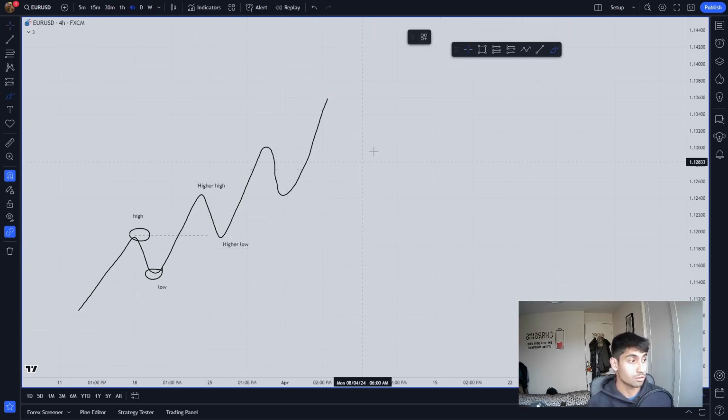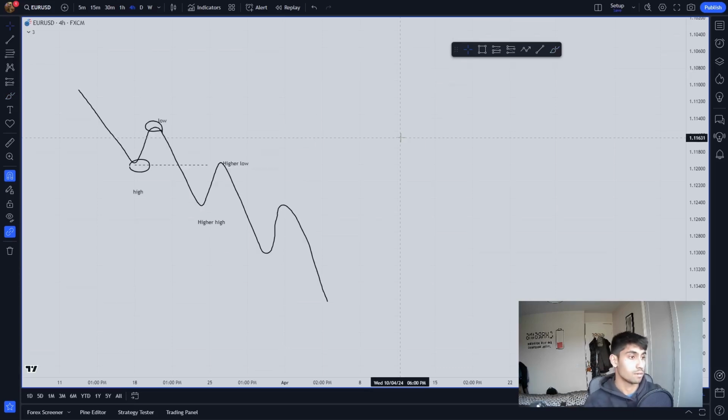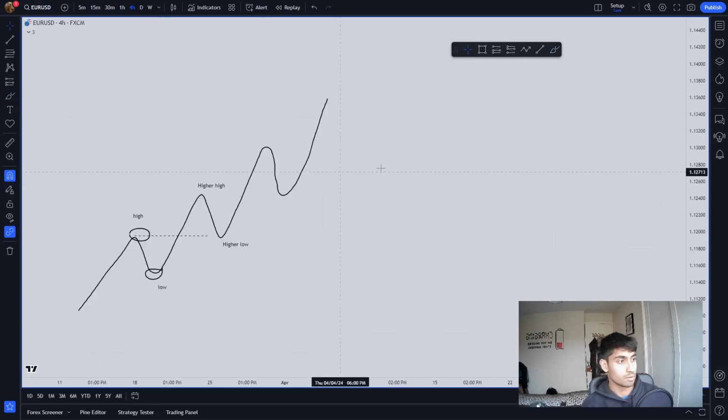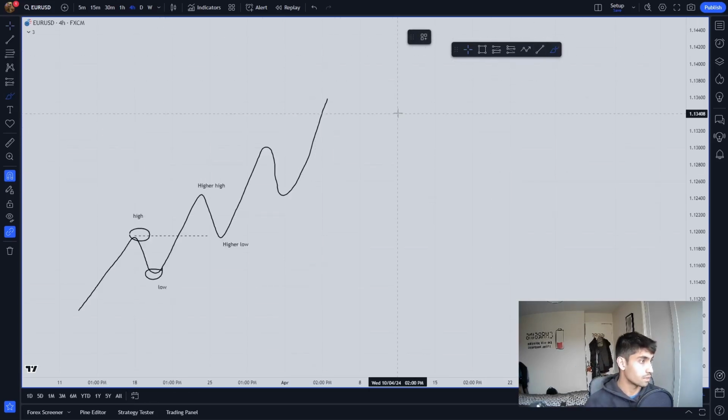Uptrend. Downtrend is, well, think if I just do this, that is a downtrend. I just inverted this. So we got, well, that's a high, that's a low, but it's kind of backwards. So we'll redraw it. So this is what a downtrend looks like.